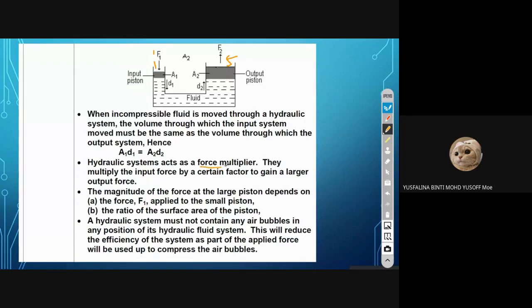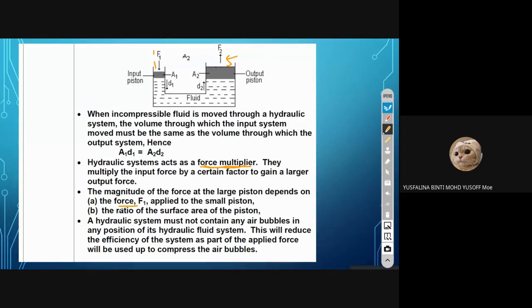That's why it's called a force multiplier. The magnitude of the force at the large piston depends on the force F1 applied to the small piston. What is the value of F1 you applied here?